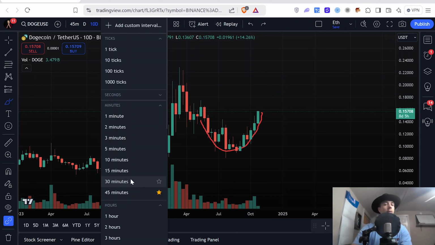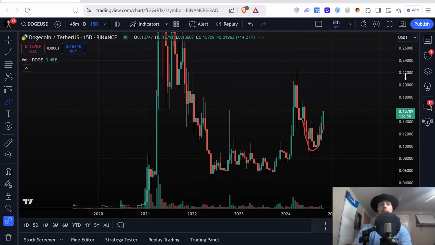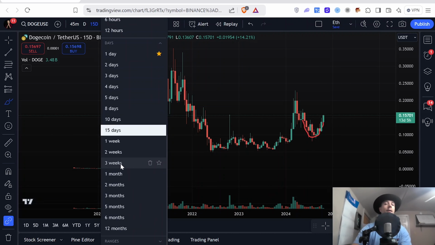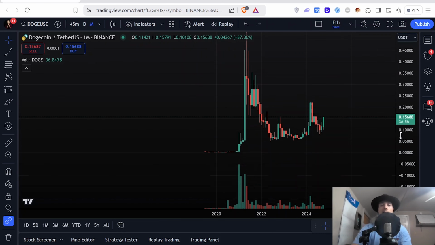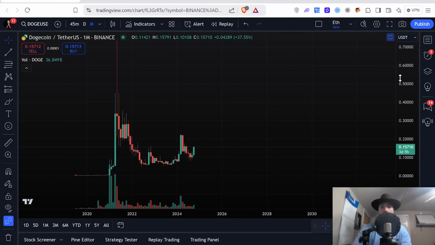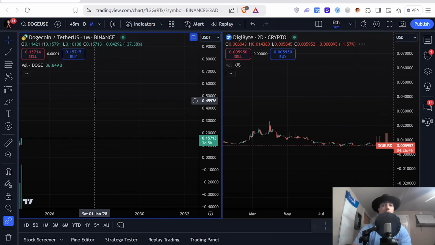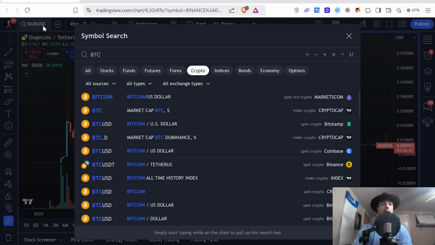Now let's zoom out a little bit here and compare Dogecoin to Bitcoin, because if you don't know, Dogecoin looks almost exactly like early day Bitcoin. It's super easy to compare these two charts together. All you got to do is zoom out on Dogecoin, then pull up Bitcoin over here on the right, and you can see the similarities between these two structures.